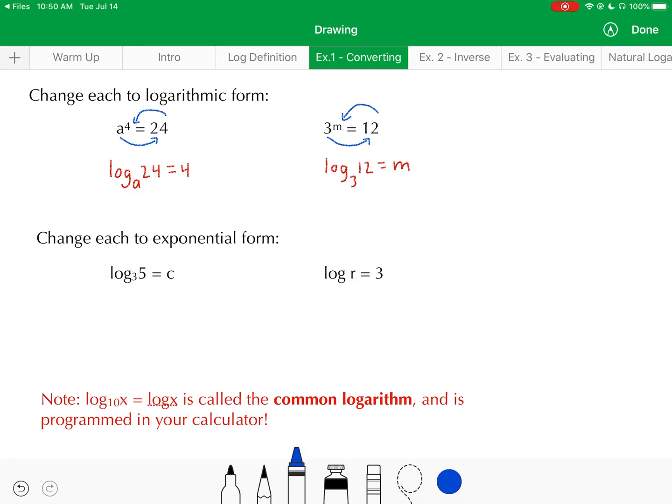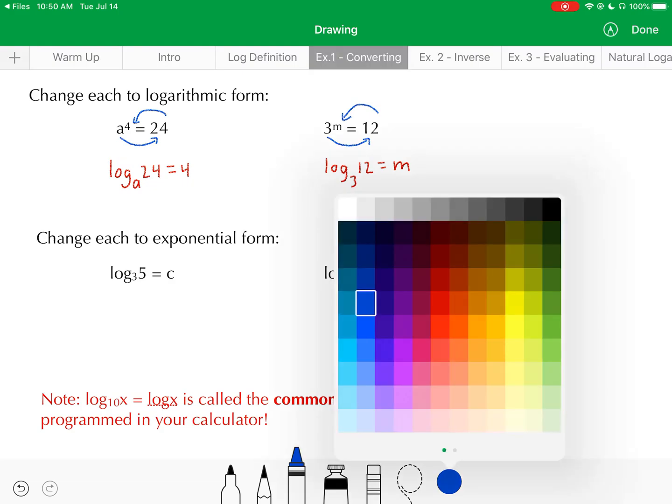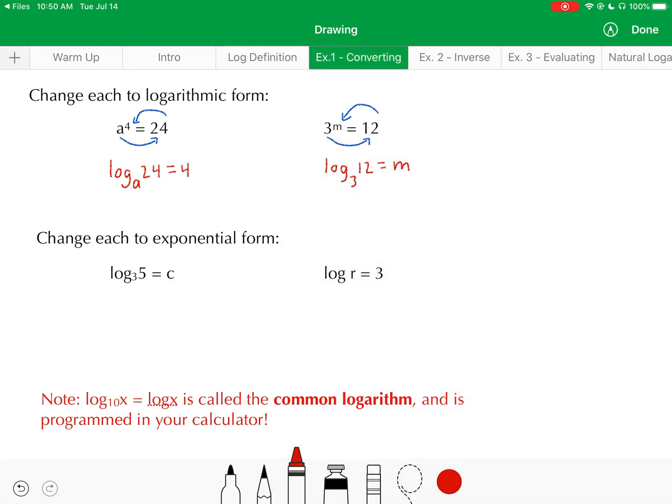All right, now let's go in the other direction. Here we have two logarithmic equations that we want to put into exponential form. Log base 3 of 5 equals c. That would be the same as 3 to the power of c equals 5.